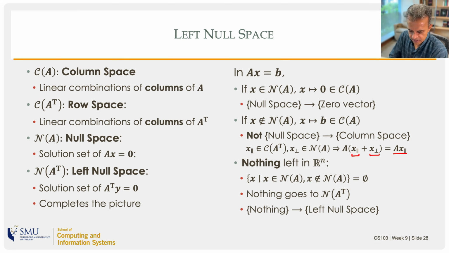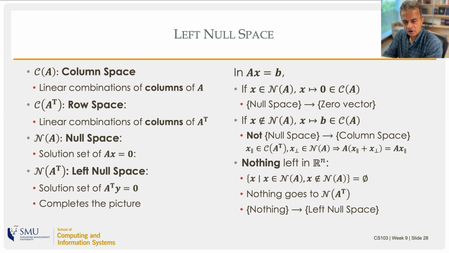Now, what that means is that we have accounted for all the vectors in the input space in Rn. There's nothing left in Rn to go anywhere else. So nothing goes to the left null space by the action of A in the input space. That doesn't mean that the left null space is empty. It just means that if you take any vector on the input side Rn and apply A, it'll always end up in the column space.